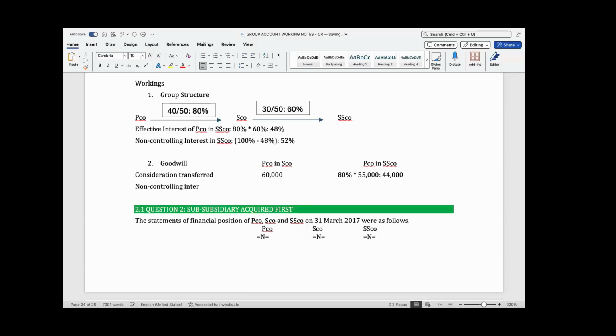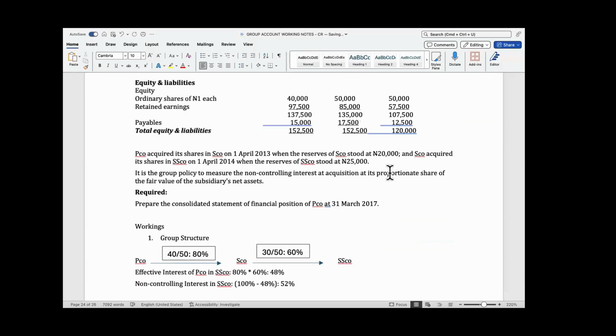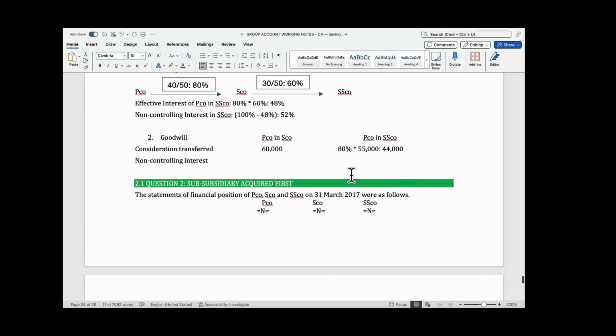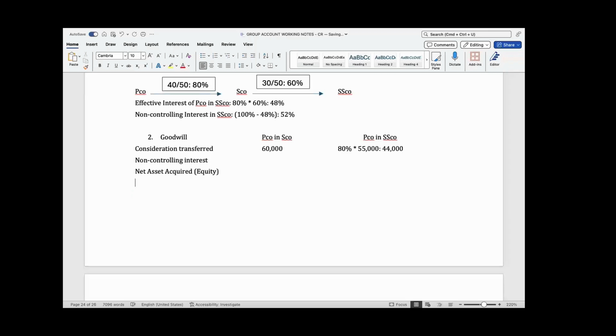what's the non-controlling interest? How is it measured? The non-controlling interest is measured at the proportionate share of the fair value of the subsidiary's net assets. So we wait for us to determine the net assets acquired, then we can determine my non-controlling interest. And my net assets acquired will comprise my ordinary share capital.